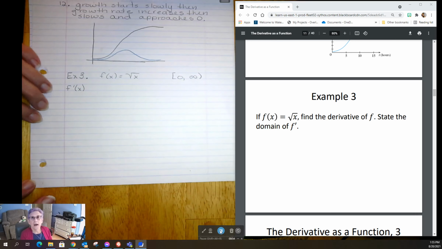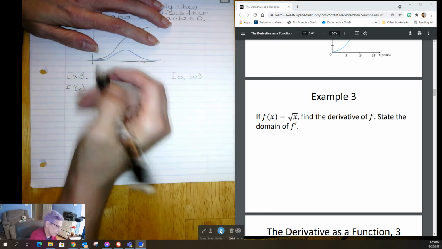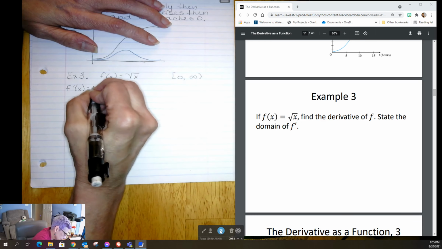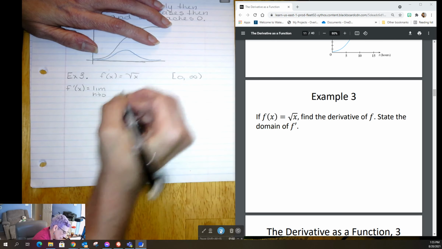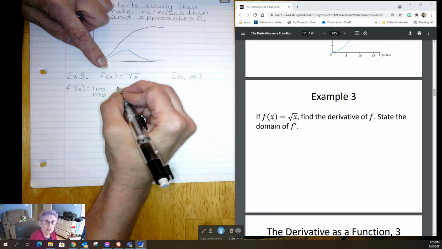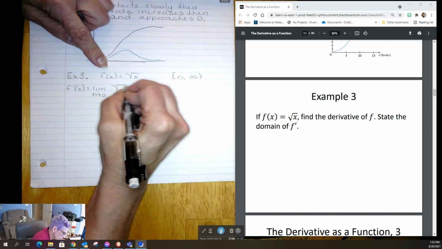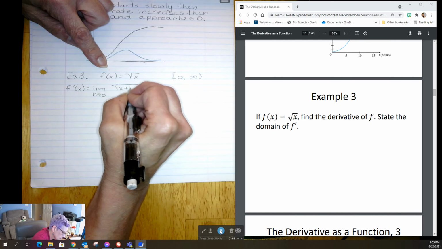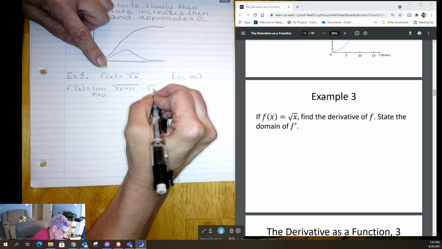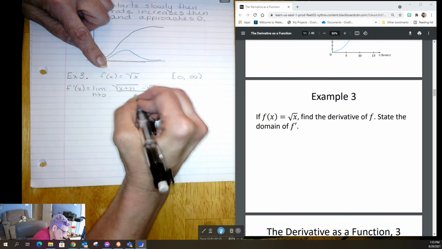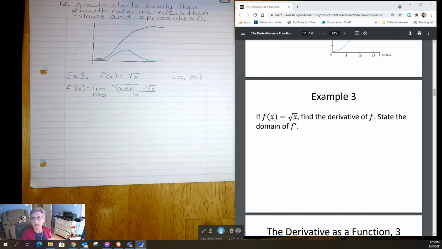I'm going to find the derivative by looking at the limit definition of the derivative. So the limit as h approaches 0 of f of x plus h minus f of x, all divided by h.